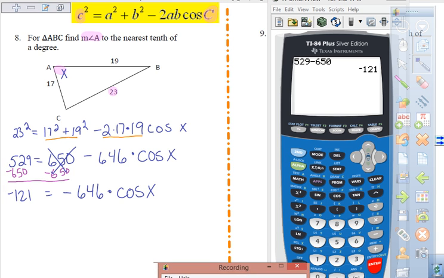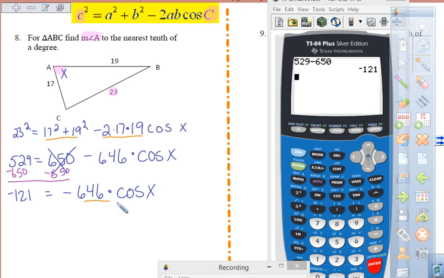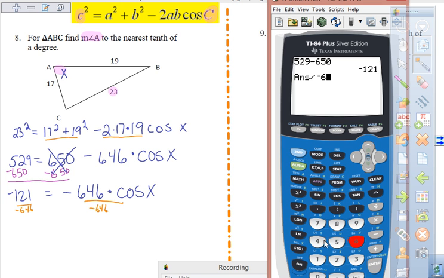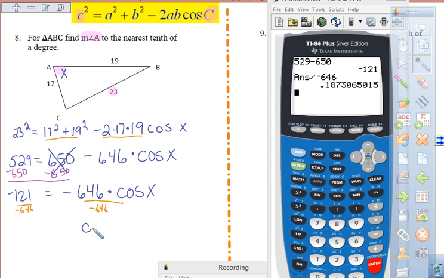And now I'm going to divide by negative 646. And there's my decimal. So the cosine of x is equal to 0.1873.